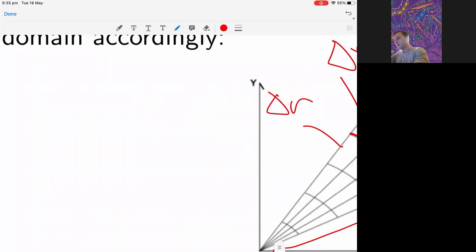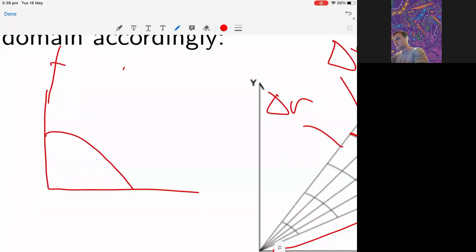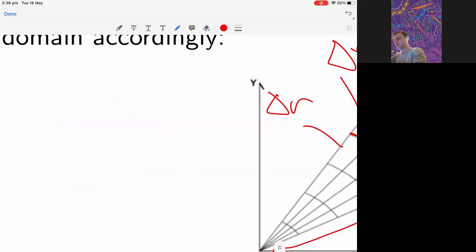What we've got here, let's say that we've got some sort of quarter circle thing here. Actually, no, let's do an eighth of a circle just to really make this a bit more obvious.